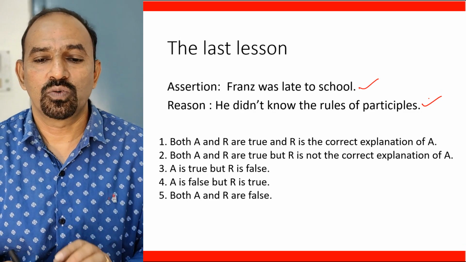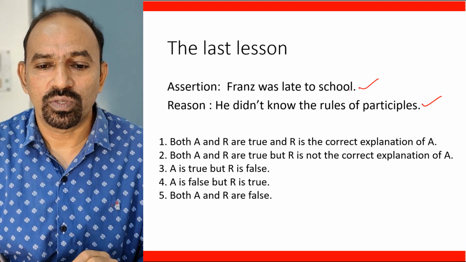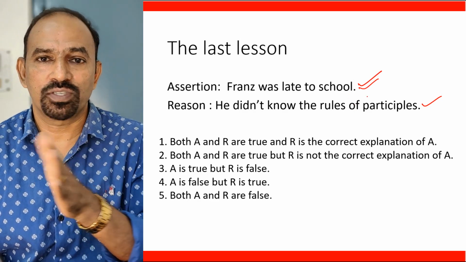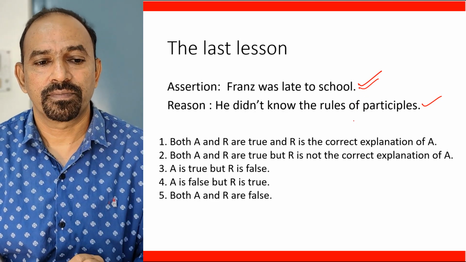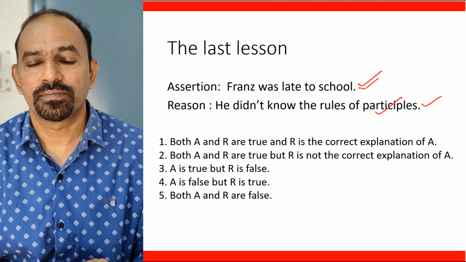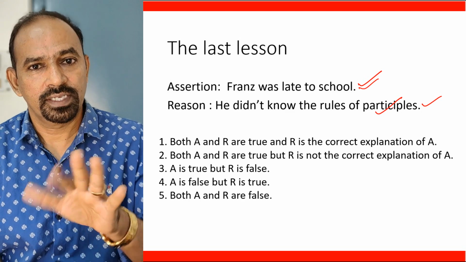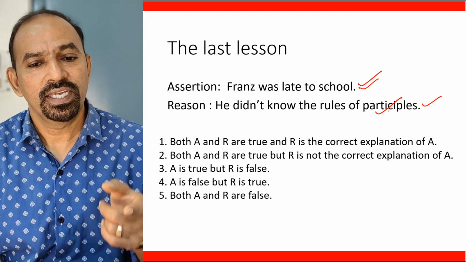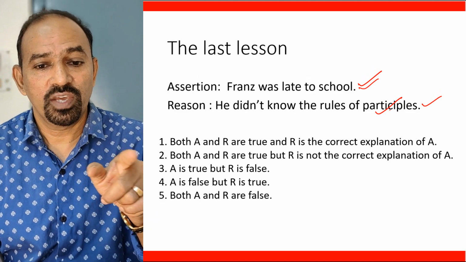Franz was late to school. We all know from the context of the lesson that Franz was late to school on the day. And the reason given here is he didn't know the rules of participles. That is true. He didn't know the rules of participles. But is this the reason why he was late to school?